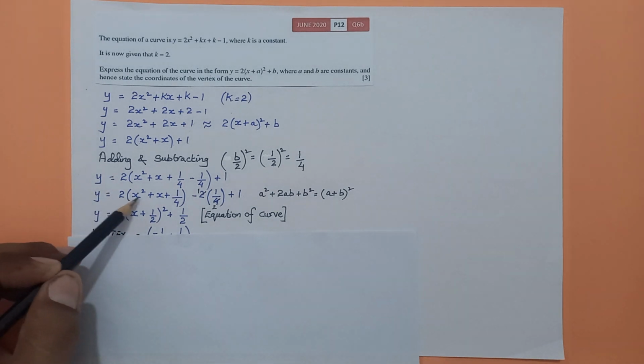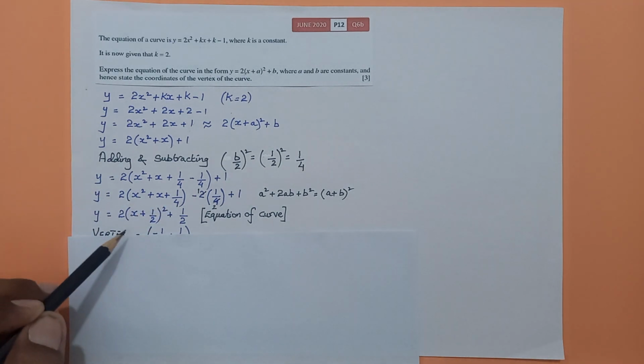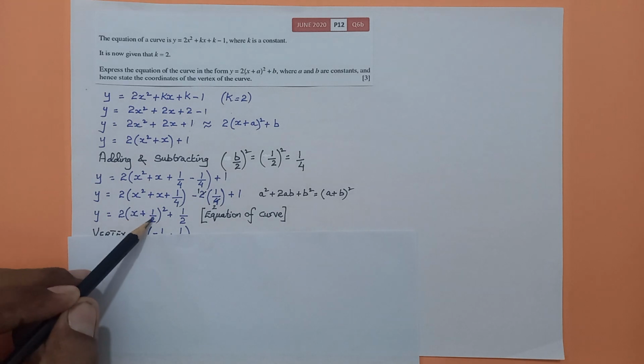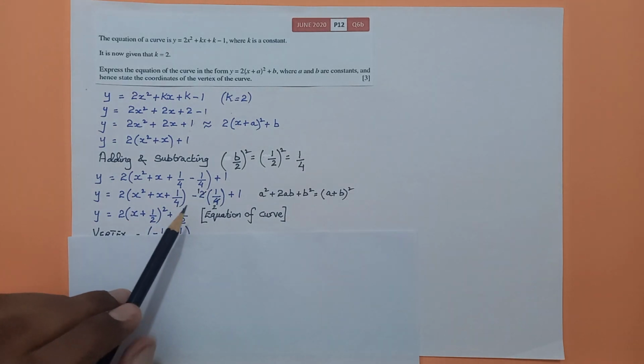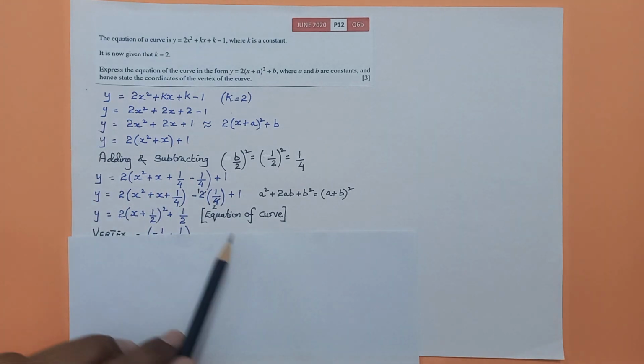So finally this x squared plus x plus 1 upon 4 can be converted to x plus 1 upon 2 whole squared plus 1 upon 2, which is basically the requirement of the question.